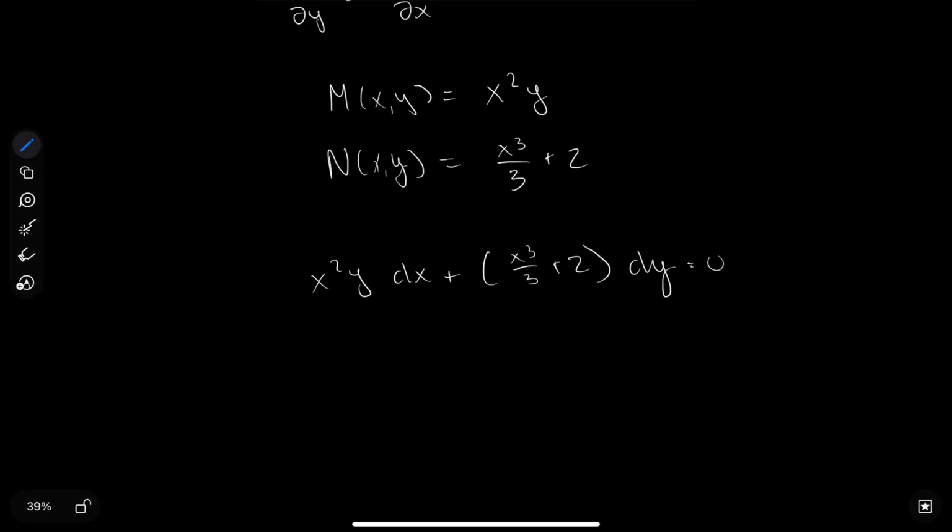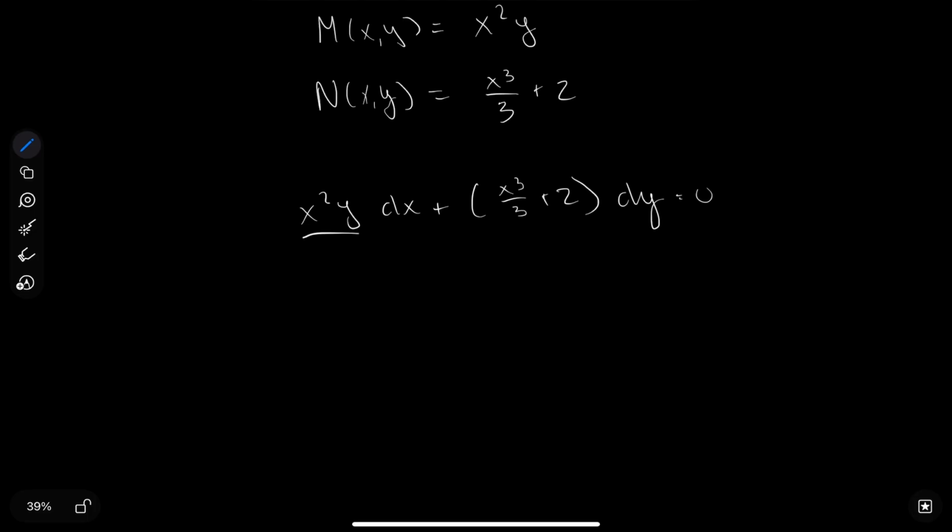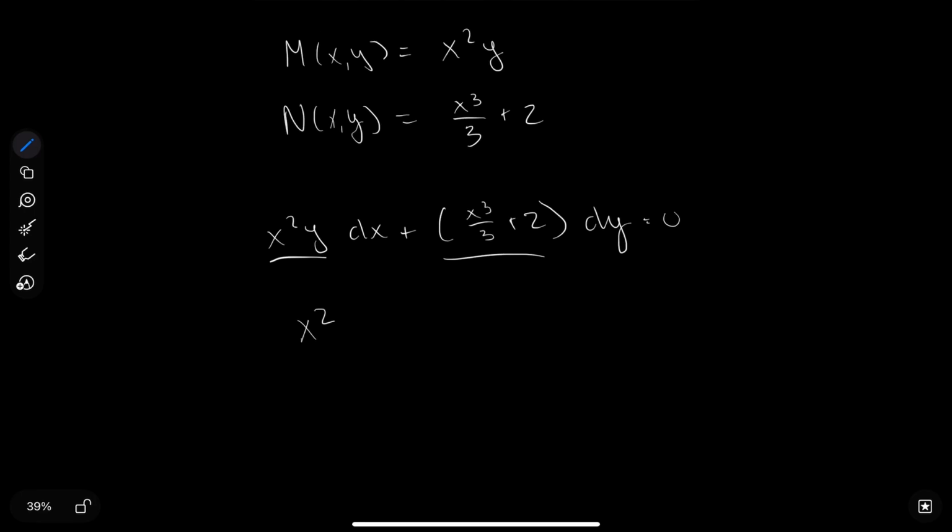So test if this is exact. Take the derivative of this with respect to y. We would just get x squared. Take the derivative with respect to x of this, we get, bring the power down, 3 divided by 3 is x squared, plus the constant is 0.